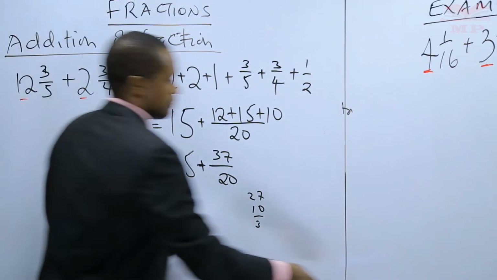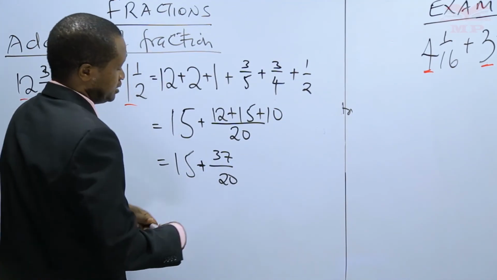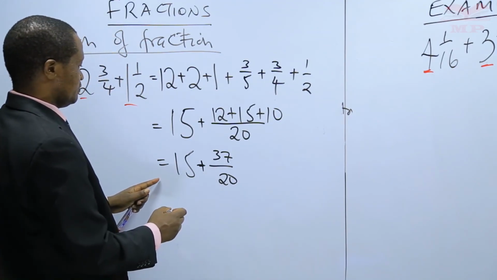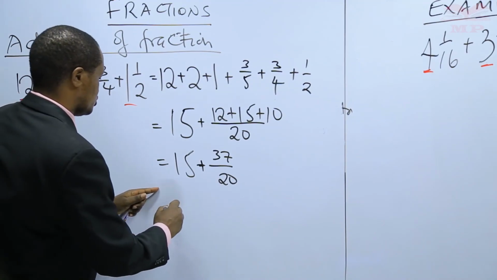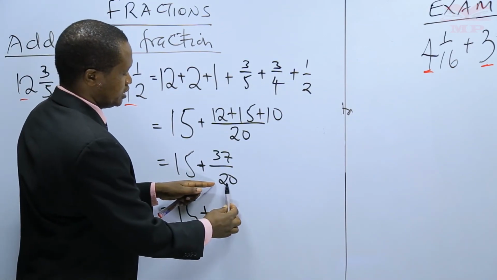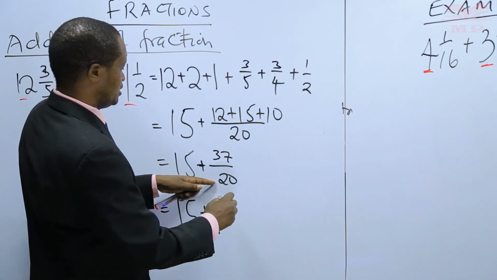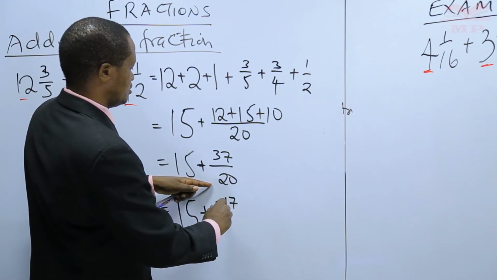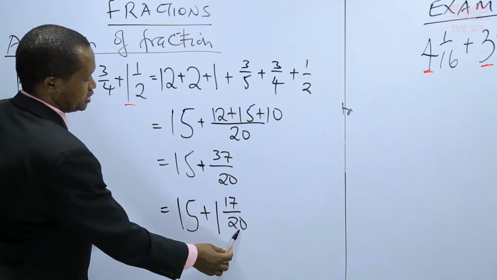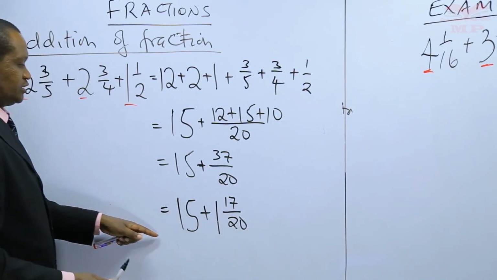Then we convert this improper fraction into a mixed number. This will be equal to 15 plus, 20 goes into 37 once. Remainder is 17 over 20. 20 times 1 is 20 plus 17 is 37 over 20.